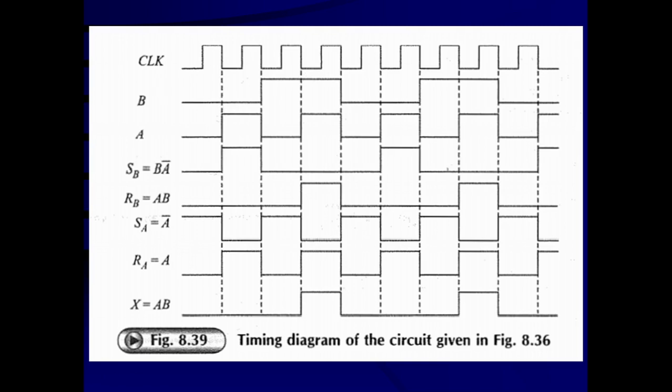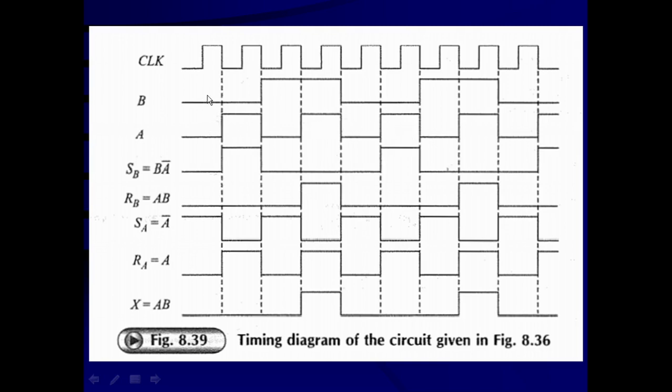This is the output B and A. This is the waveform for A and this is the waveform for B. Initially, we have taken B as 0 and A as 0. Then A is complemented with each clock pulse, and B is complemented after 2 clock pulses. So the output of A goes 0, then 1, then again 0, then 1, and so on.